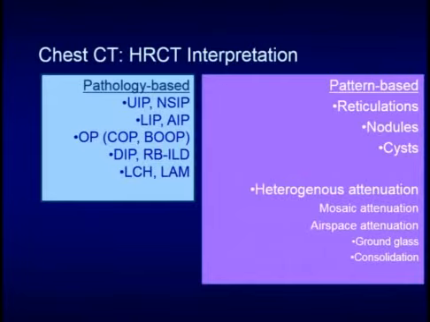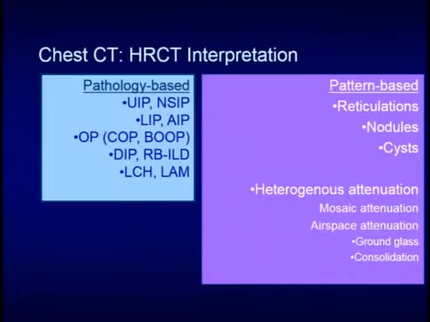The pattern-based terms, on the other hand, are kind of a bird's eye or airplane view of what's happening at the pathology level, or what we're seeing on CT. It's just a reflection of what's happening on the pathology. So these terms are a little bit vague, but for lack of better, these are descriptive findings, such as reticulations, nodules, cysts.